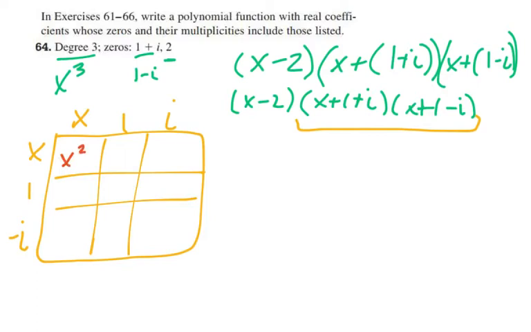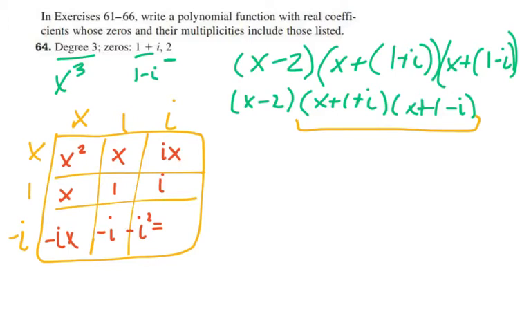So x squared there, x, ix here, x, 1 times 1, i, negative ix, negative i, and then i squared.